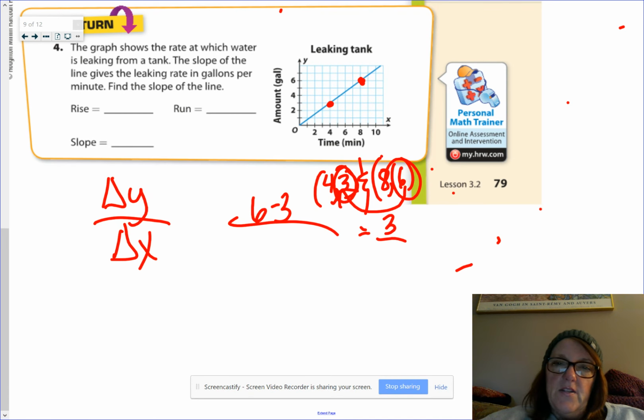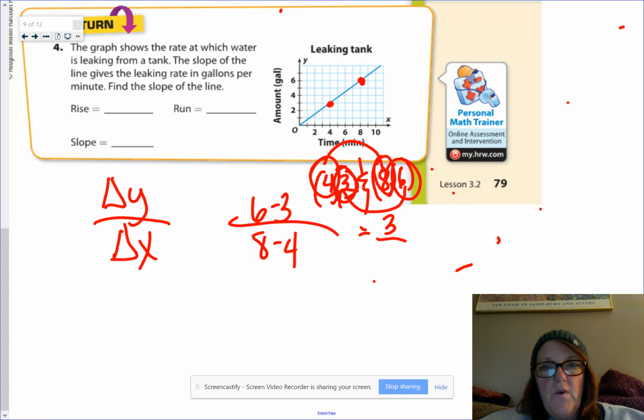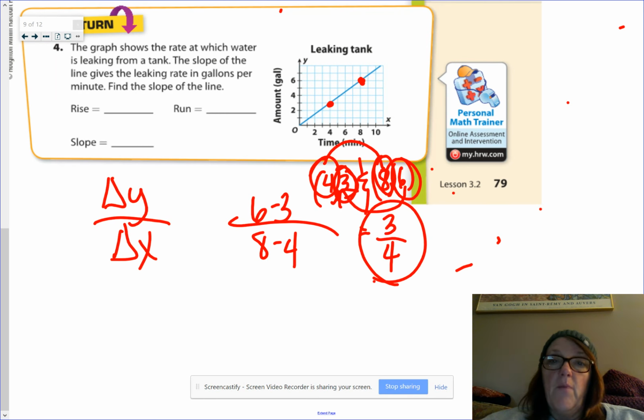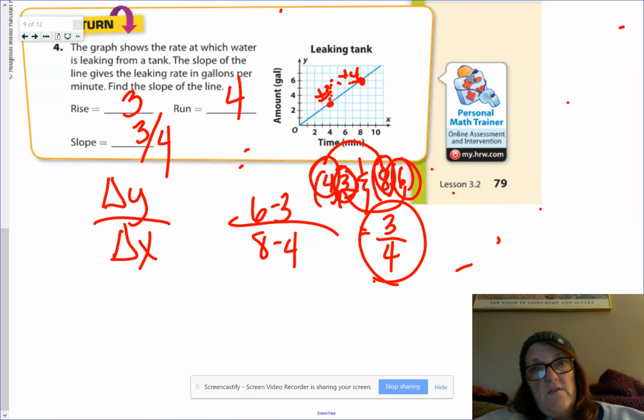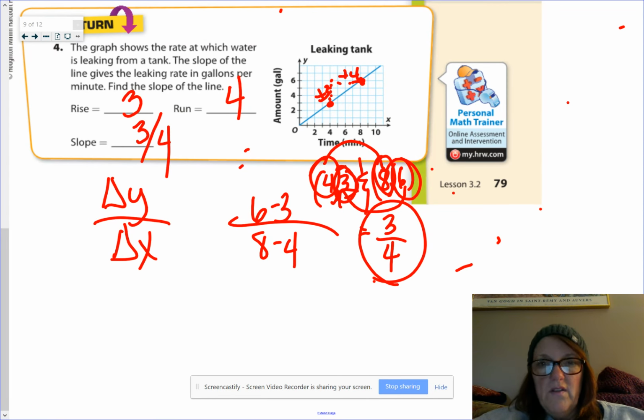So then when we do the x coordinate, that means you have to start with this one, the 8 minus the 4. Okay? That should be a 4. I'm saying it should be 3/4. Check it out by drawing on a picture. You went up 1, 2, 3, over 1, 2, 3, 4. The rise is 3. The run is 4. The slope is 3/4. Cool.